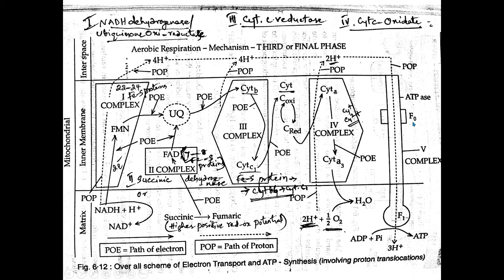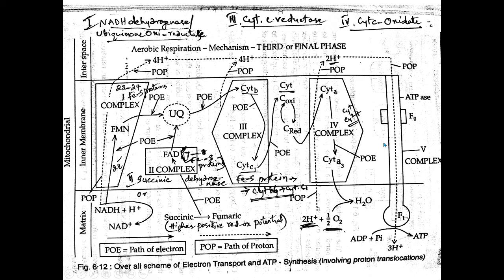This is also known as F0 F1, and it acts as a channel for the flow of protons. Through this channel, the protons flow from the intermembranous space into the mitochondrial matrix.